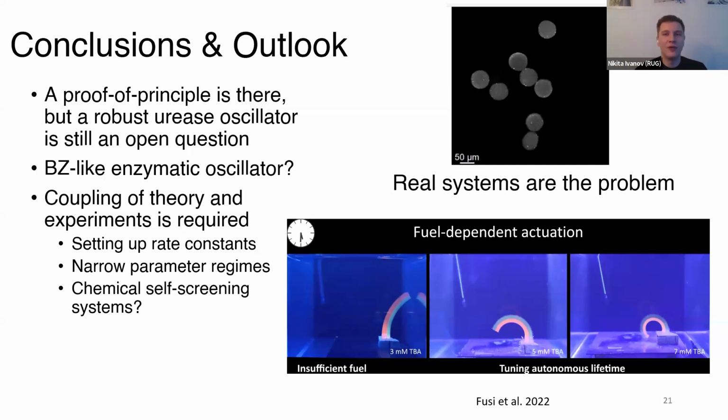So the real systems are always a problem, despite the fact that we imagine that in these particles the stuff would be distributed homogeneously. If we dig really deep, we always find inhomogeneities. In the case of linear systems, they don't do much to us, but it is exactly in the case of autocatalytic systems where they create very big problems.